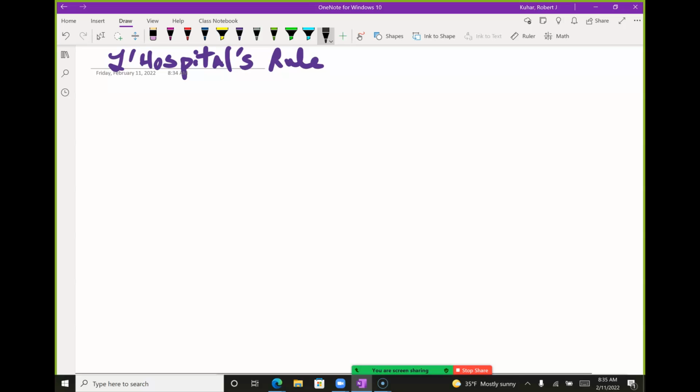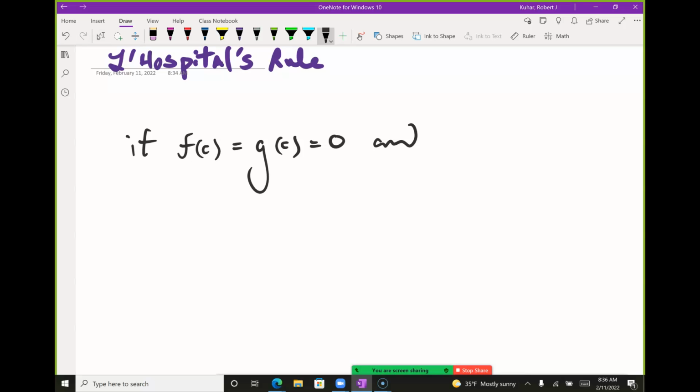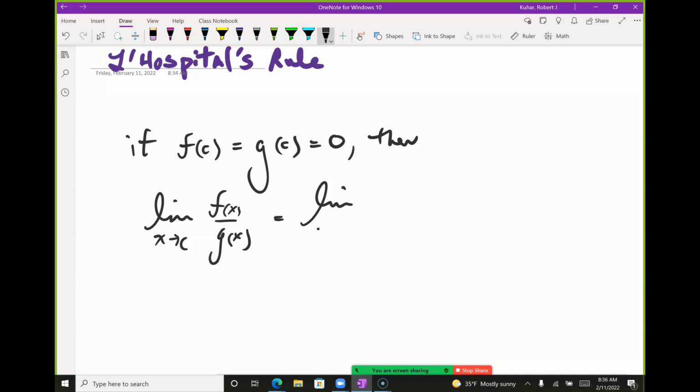So L'Hopital's rule. It says if f of c equals g of c equals 0, then the limit as x goes to c of f of x over g of x equals the limit as x goes to c of f prime of x over g prime of x.